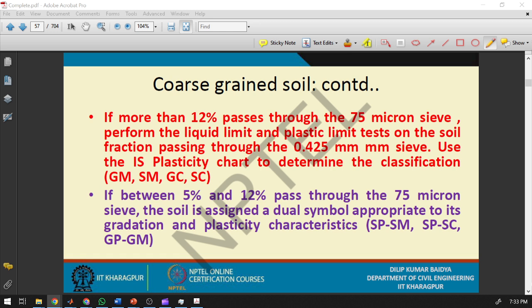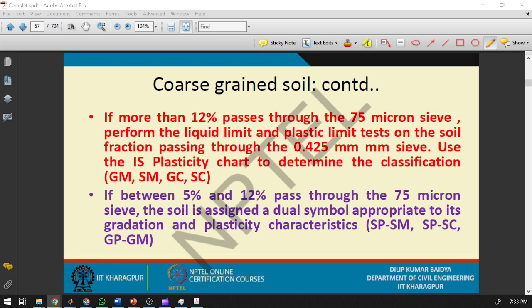Fine particle was 40%. If the fine particle was less than 5%, you could have only talked about the coarse grained soil. You could have only said based on the Cu and Cc. Let's say it is well graded, we could have said that it is SW, well graded sand.